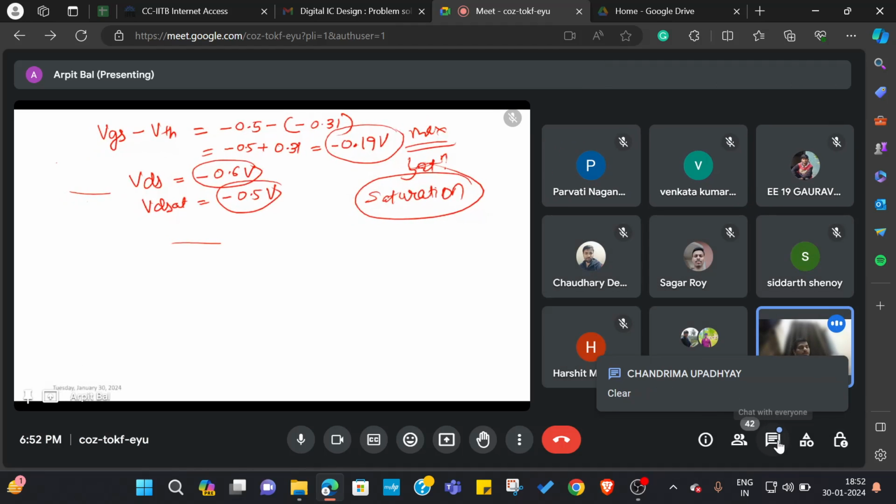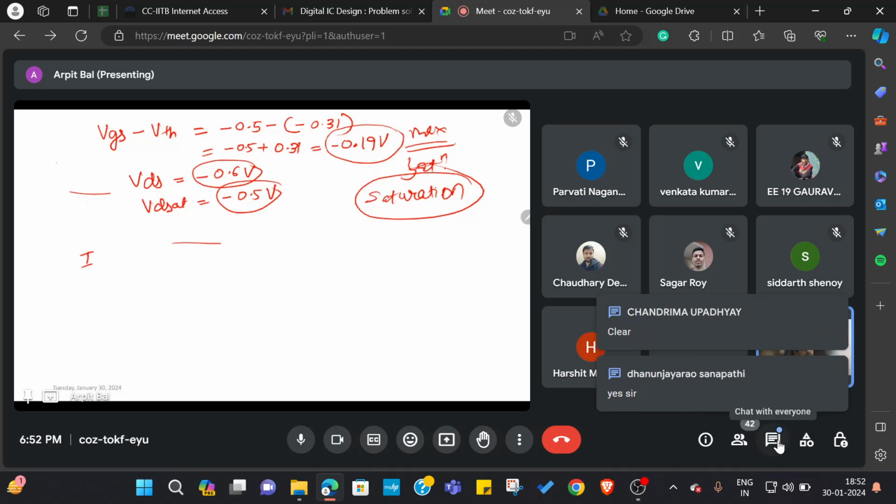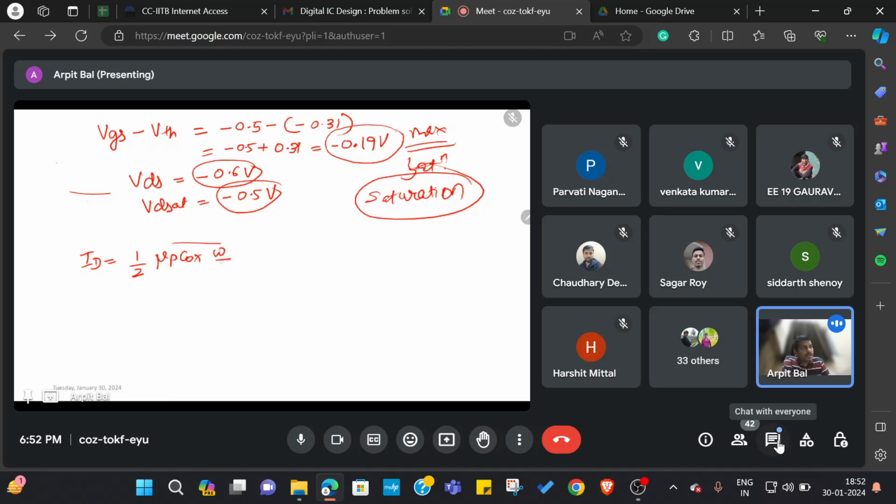Okay, great. Then we can move to finding out the current. Half mu Cox W by L, VGS minus VTH whole square, 1 plus lambda VDS. This is our KP.